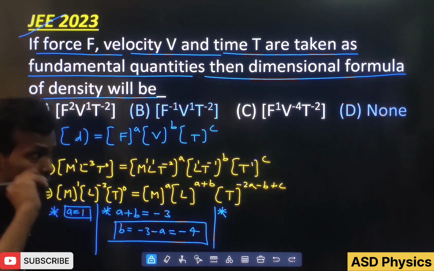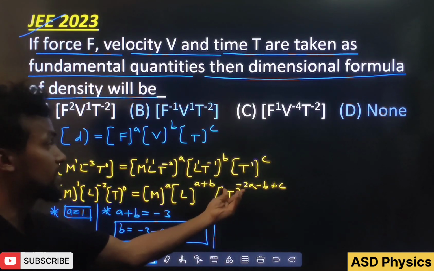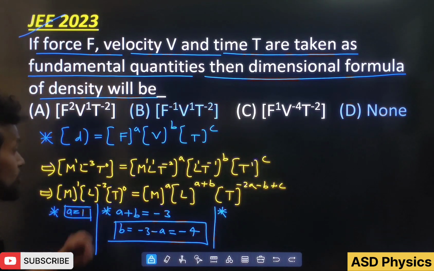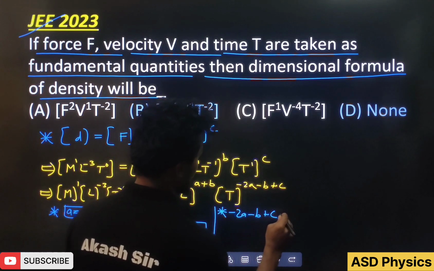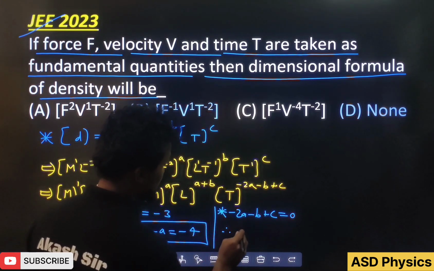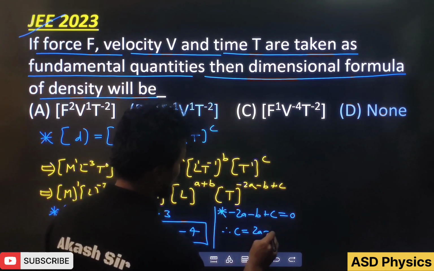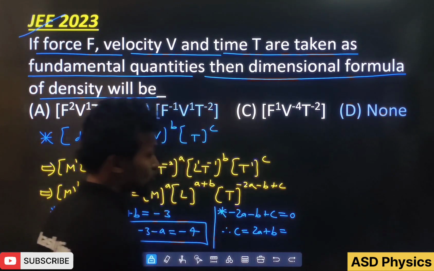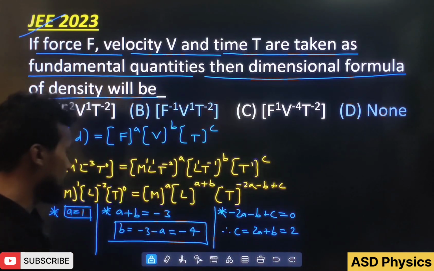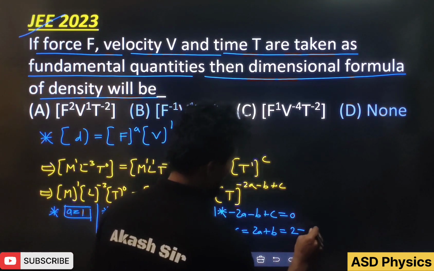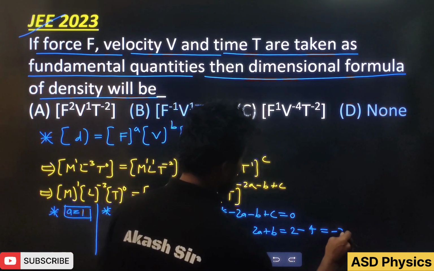After that, if we go for the time, comparing both the sides: here minus 2A minus B plus C, and here 0. So minus 2A minus B plus C equals 0. So C will come 2A plus B. So 2A, that means 2 into 1, is 2, and B value is minus 4, so this becomes minus 2.